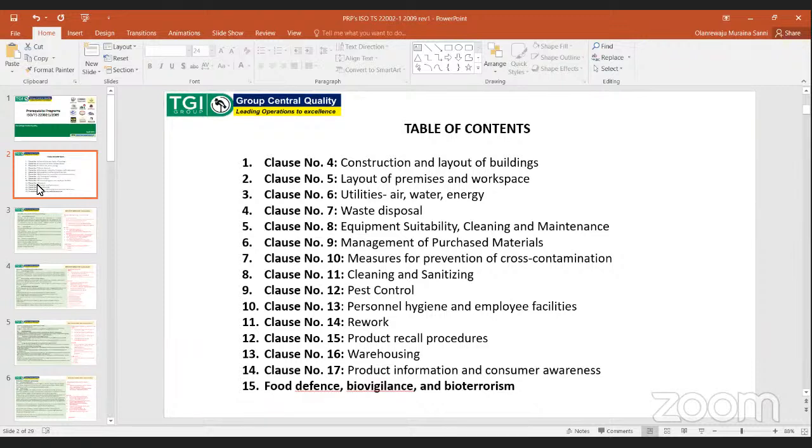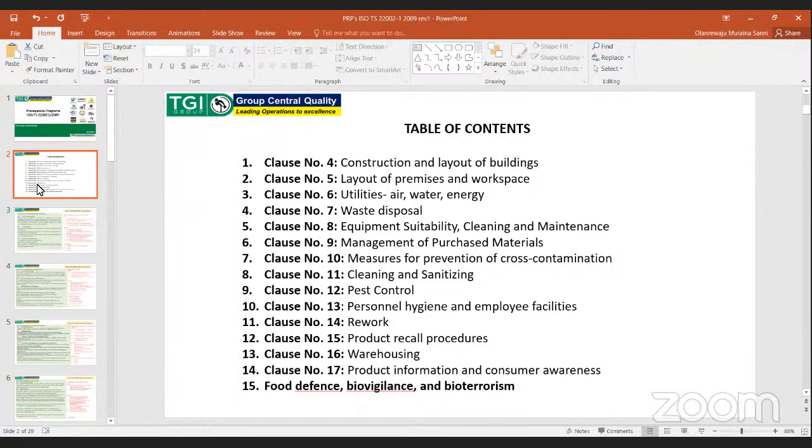Clause 7 is talking about waste disposal. Clause 8 is talking about equipment suitability, cleaning, and maintenance. Clause 9 is talking about management of purchased material. Clause 10 is talking about measures for prevention of cross-contamination. Clause 11 is talking about cleaning and sanitation.